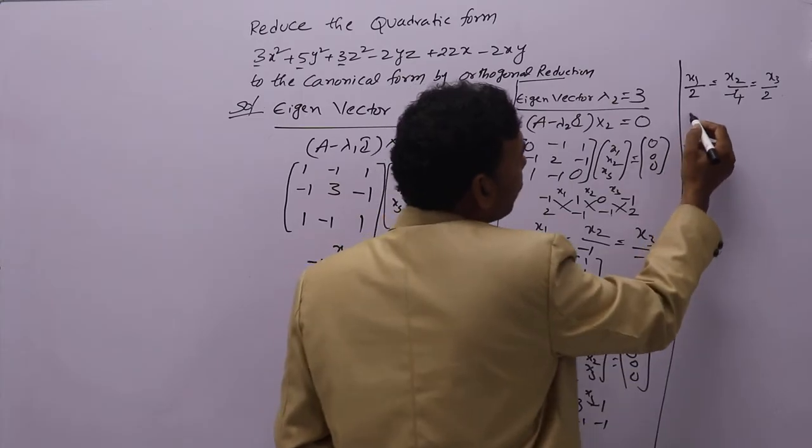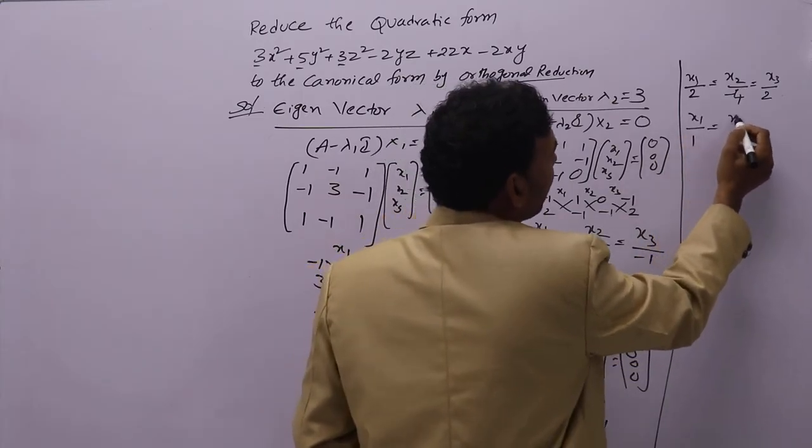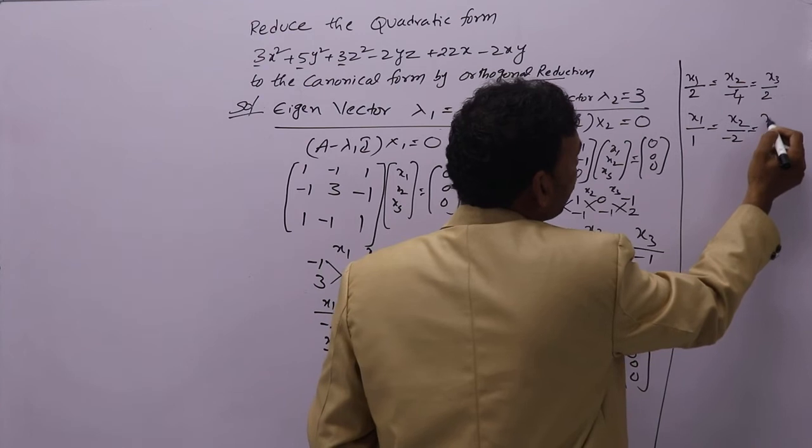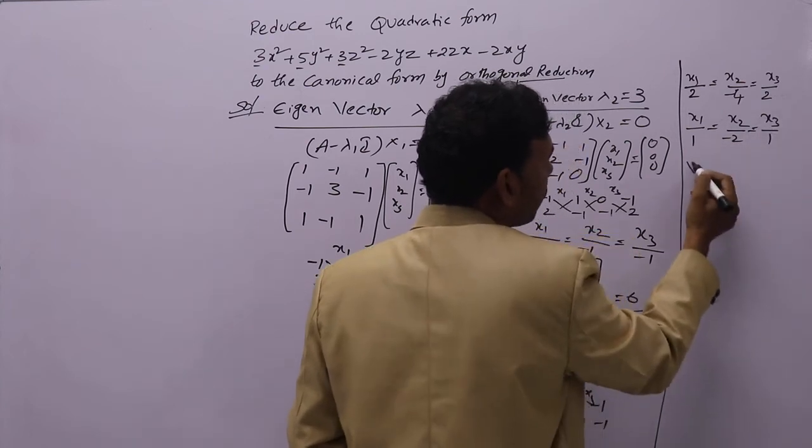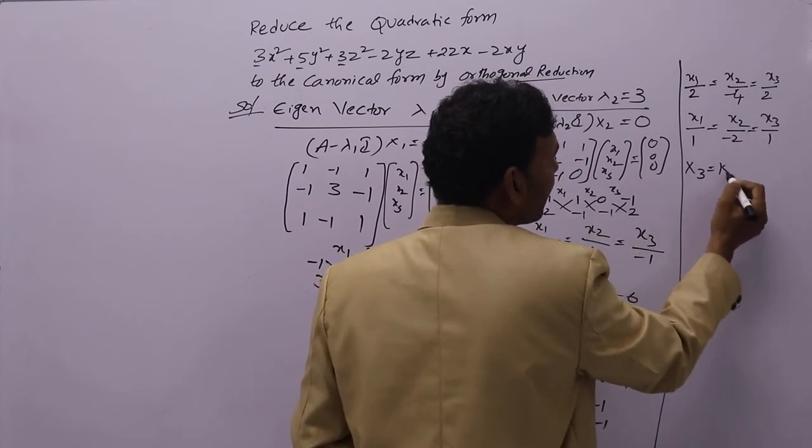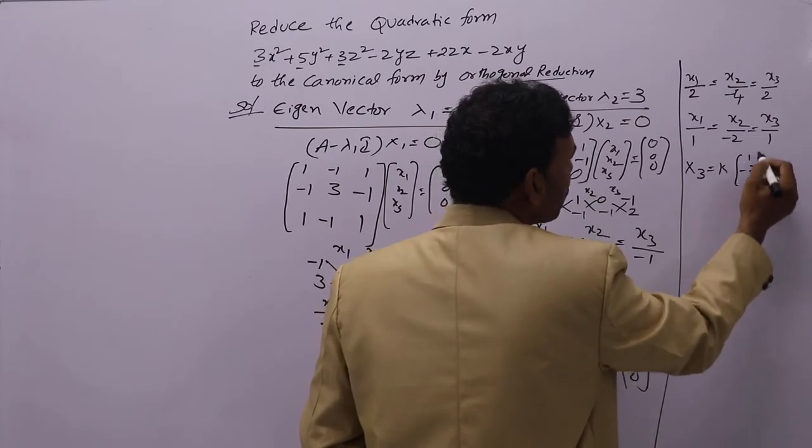If you cancel with 2, x1 by 1, x2 by minus 2, x3 by 1. So, the final eigenvector is k into 1, minus 2, 1.